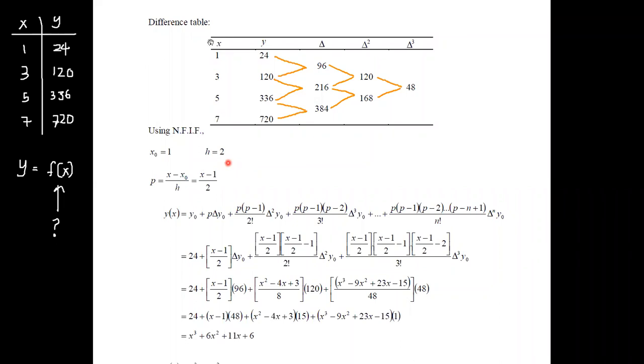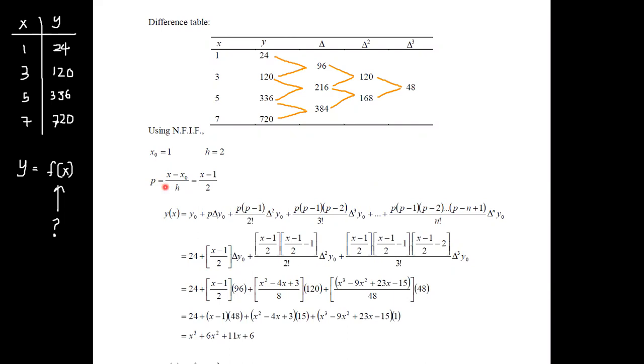Now you can see that these x values are equally spaced, therefore you can use Newton's polynomial. Then you can see the value of x naught is 1 and the value of h is equal to 2. Then you have to use these values in the equation provided to calculate the value for p.